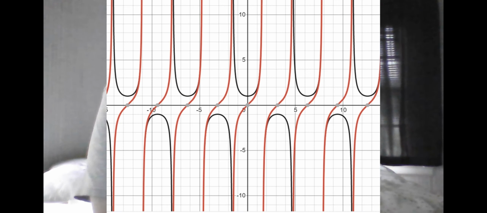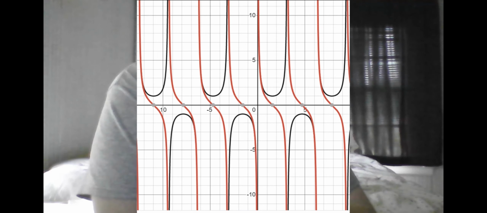Secant and tangent are well behaved, provided their denominator does not become 0, or, from their trig definitions, cosine of x equals 0. Similarly, cosecant and cotangent are well behaved, provided that sine of x does not equal 0, as sine of x is in the denominator of these functions.